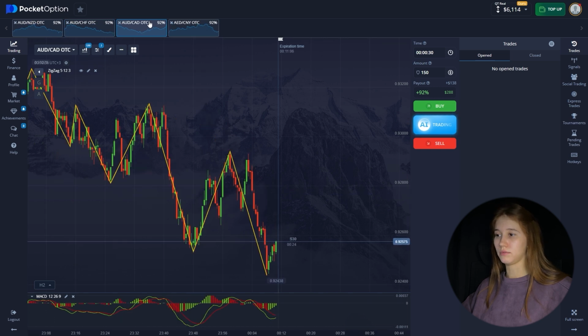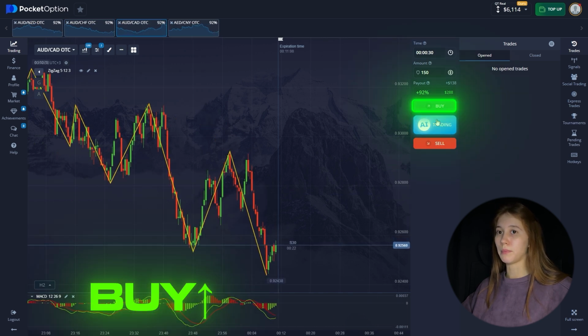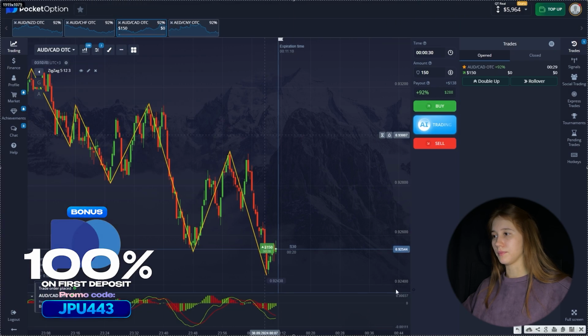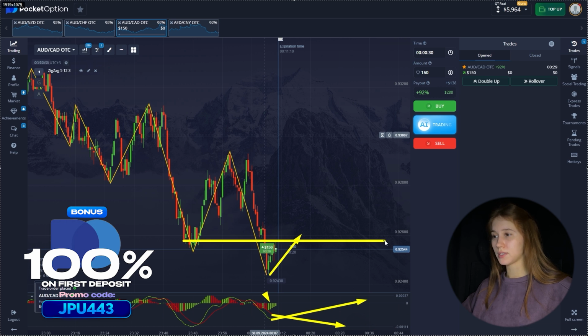I show you my trading. Yeah, we see on the MACD green lines prevailing, and an uptrend we see here on the chart.